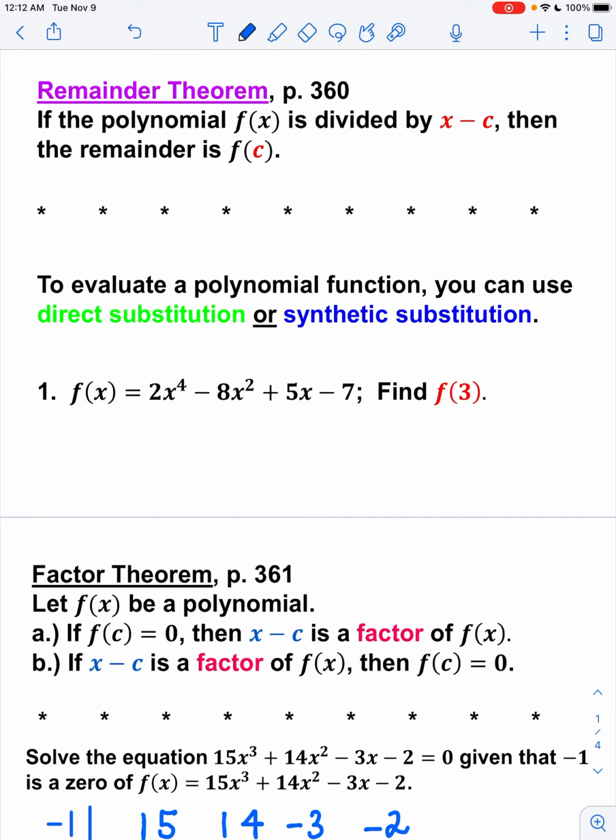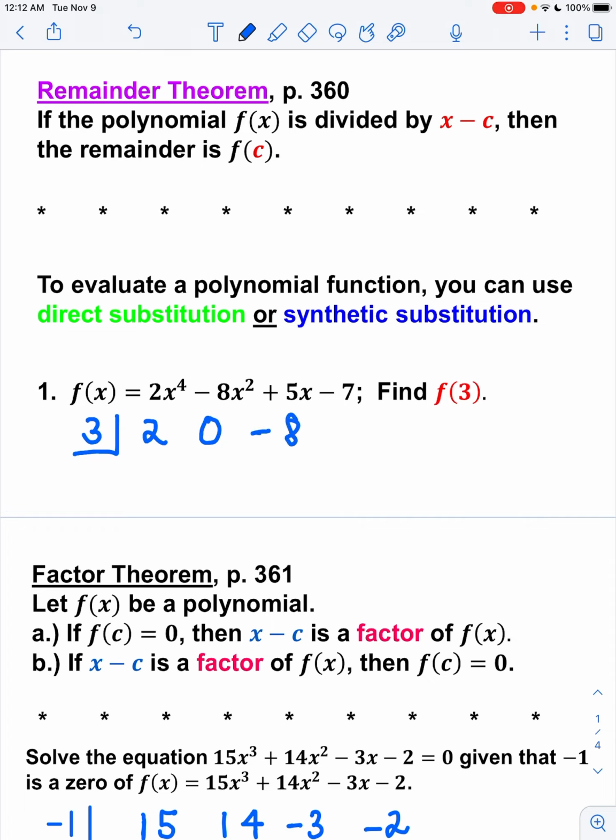I'm going to first set it up like synthetic division, and I'm going to put 3 in the half box, and then putting my coefficients going across, I'd have 2 for the 4th degree term. I do not have a 3rd degree term, so I'm going to put a 0.